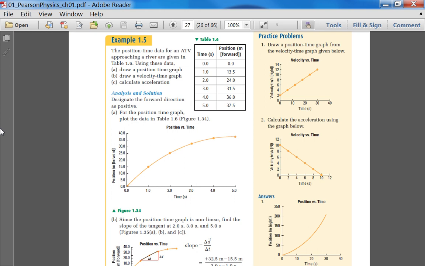What does that tell you? Is the object accelerating or not? It is. So we call that non-uniform motion. So it must be accelerating.